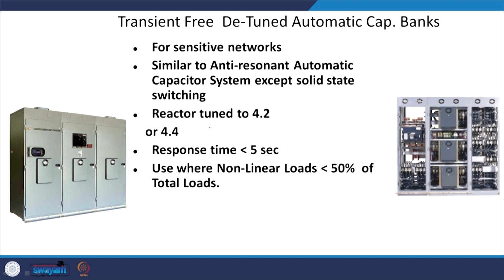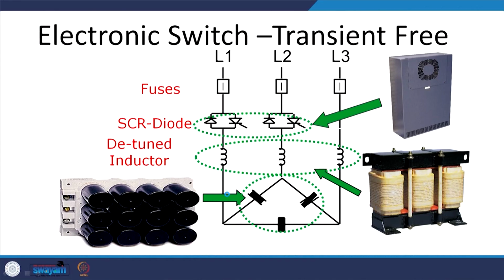It is the same, it has been detuned to a harmonic of 4.2 to 4.4, and it has a response time of less than 5 seconds, where the nonlinear load is more than 50%.